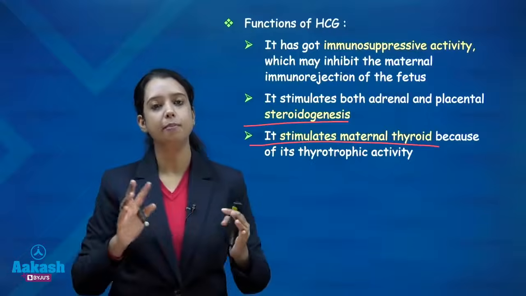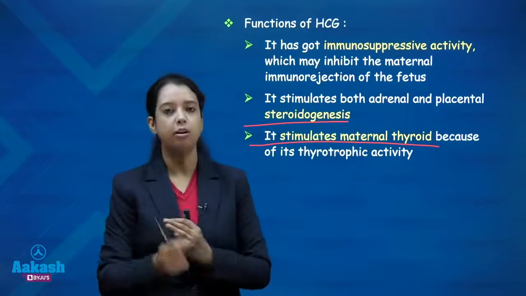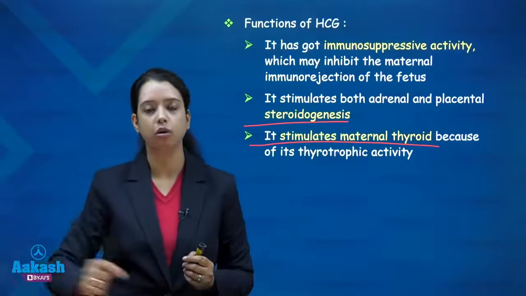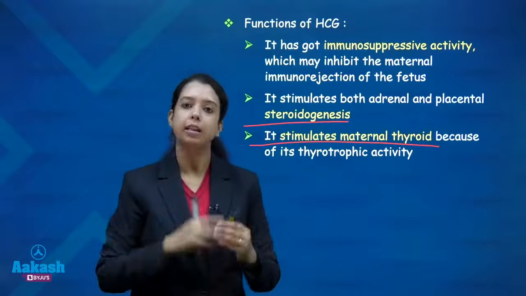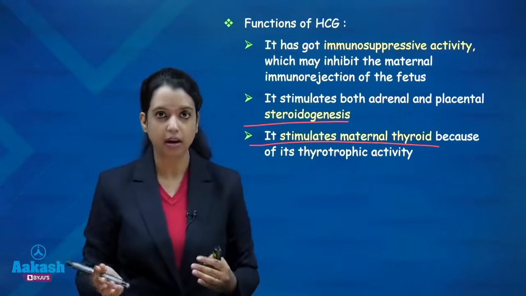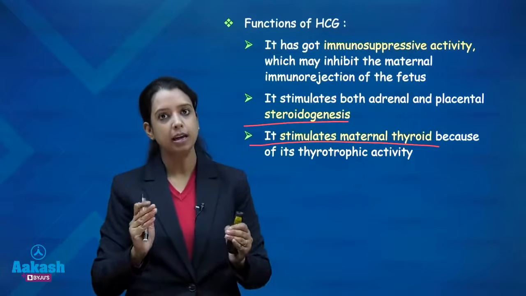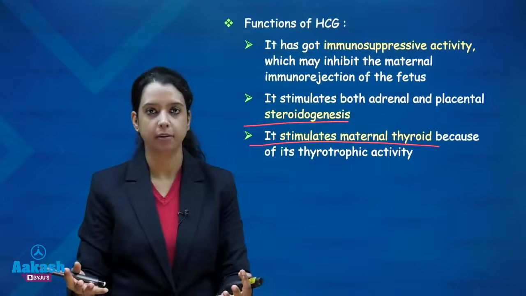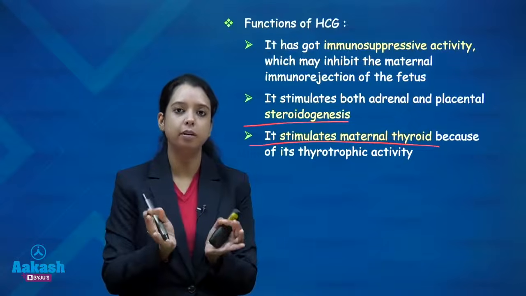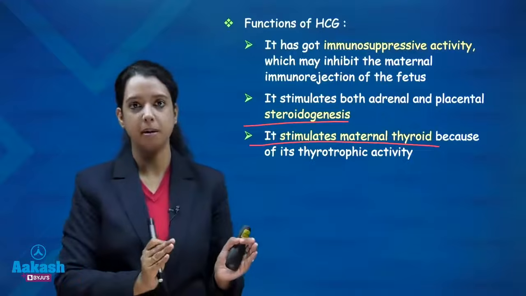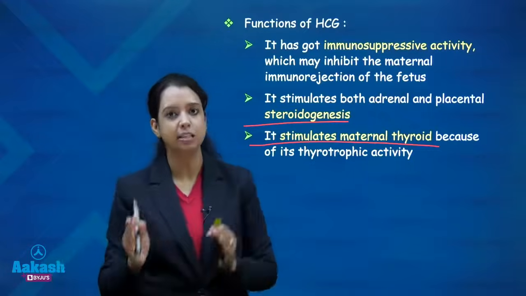All the hypothalamic releasing hormones are also secreted in small amounts, like GnRH, growth hormone releasing hormone, corticotropin releasing hormone. The role of GnRH from the placenta is mainly to stimulate HCG secretion only. The steroid hormones secreted by the placenta are progesterone and estrogen.